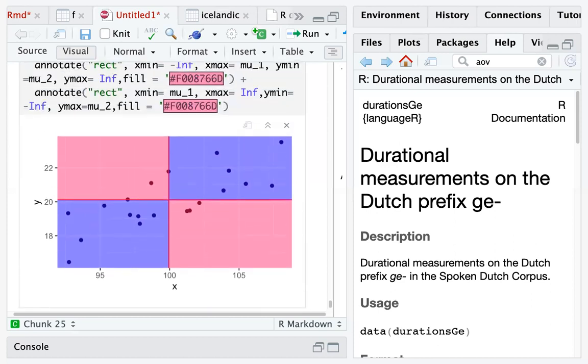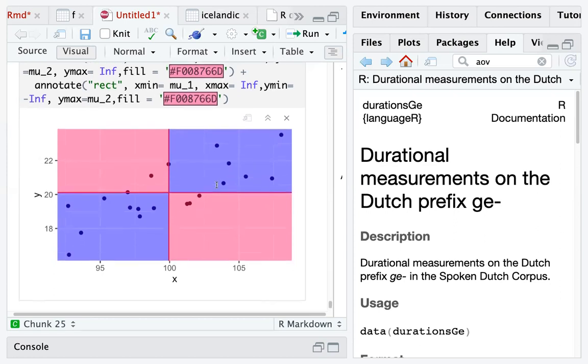So in this case, there are many more points in the blue region than in the red region. Of course, this product will be bigger for points which are very far from these red lines.